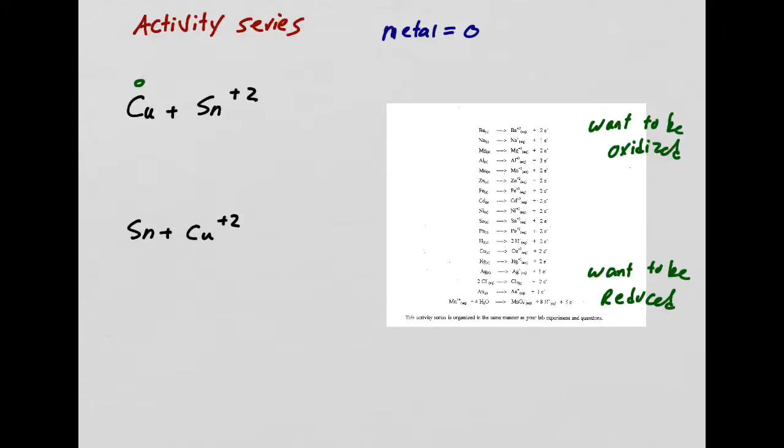They want to lose electrons. So what's going to happen to the metal? The metal most likely is going to get oxidized. If a metal has a 0 charge, that means it wants to become a cation. It wants to lose electrons.